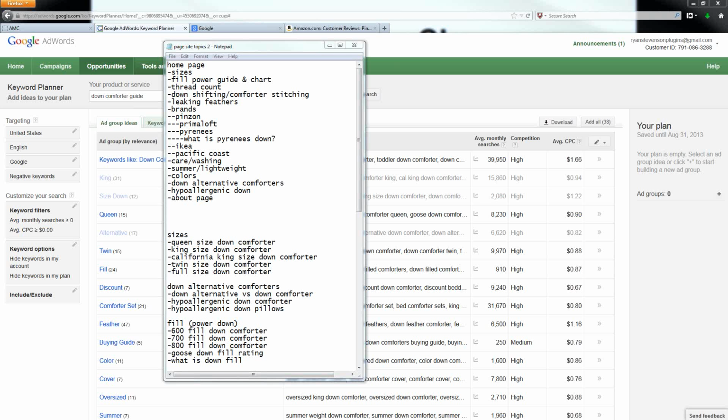So as long as you're providing a useful page and result for whatever phrase you're targeting, everything else will fall into line after that.